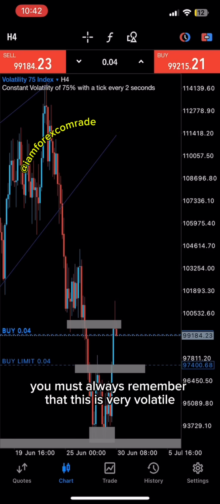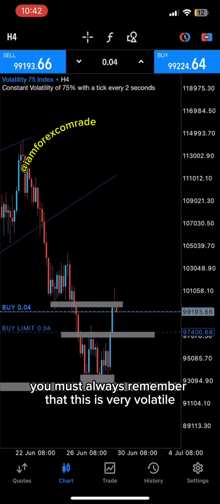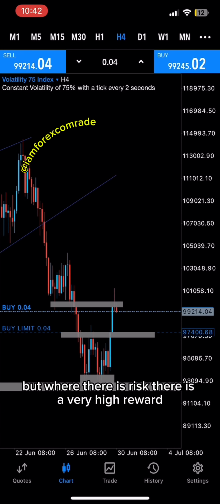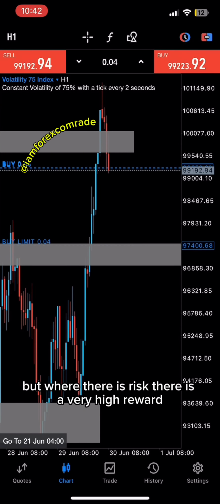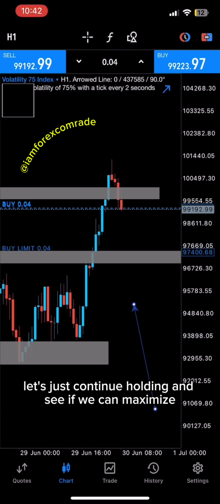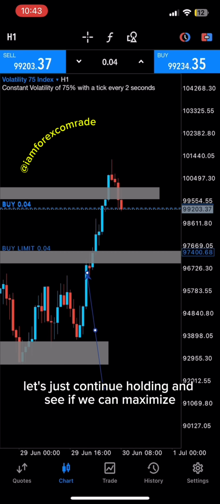Mind you, you must always remember that this is very volatile. It is very dangerous. But where there is risk, there is a very high reward. So let's just continue holding and see if we can maximize.